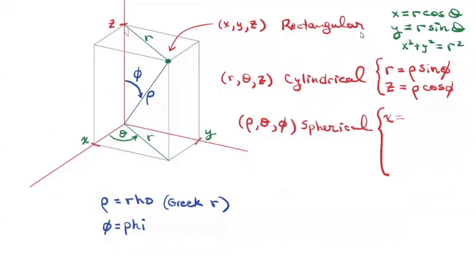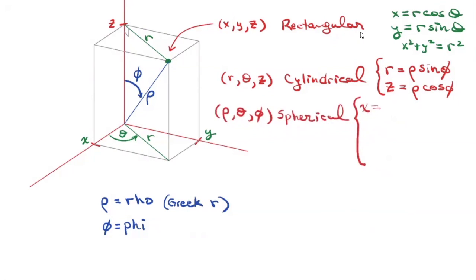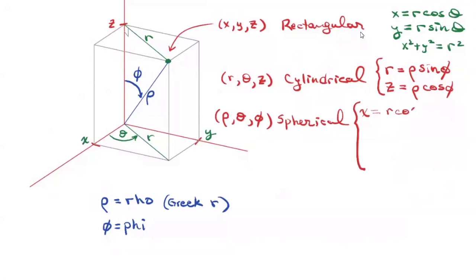So let me make a little more space for this. Okay, so again, I'm going to erase this. X is r cos theta, okay? But r is rho sine phi. So you can do that substitution and change it to rho sine phi cos theta.